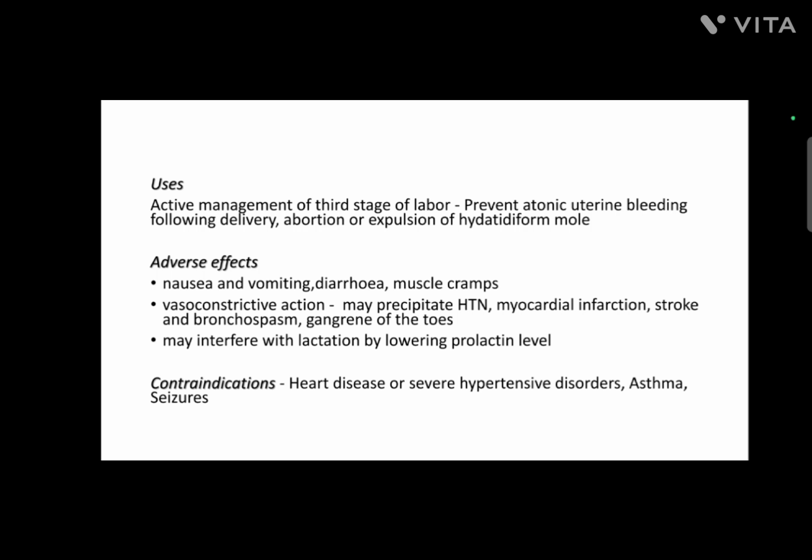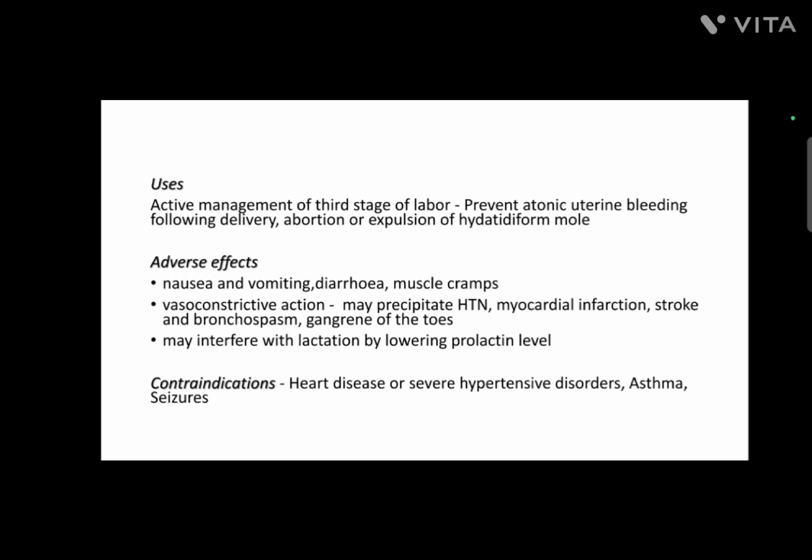And for PPH, what are the causes of PPH? You should remember the 4 T's: tone, tissue, trauma, thrombin. You have to exclude all these conditions whenever there is a PPH, and make sure that if there is an atonic PPH only, you can give methergine.